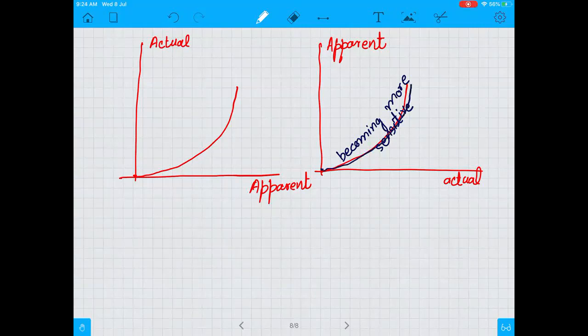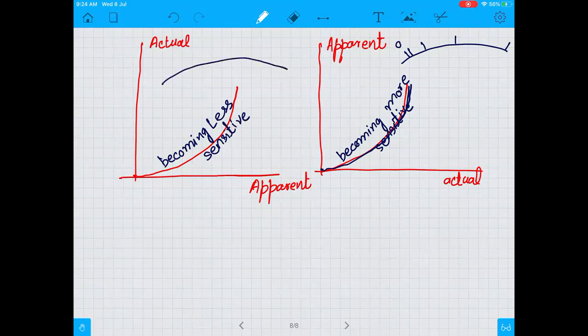As the values are increasing, the divisions are getting bigger. At low values, it is less sensitive. At high values, it is more sensitive. While on the other hand, in the second instrument, as the values are increasing, it is becoming less sensitive. Initially the divisions are bigger and then they are getting smaller and smaller. So this is the second instrument.